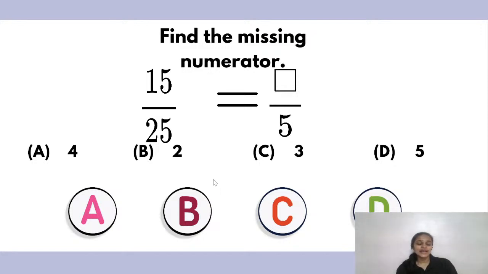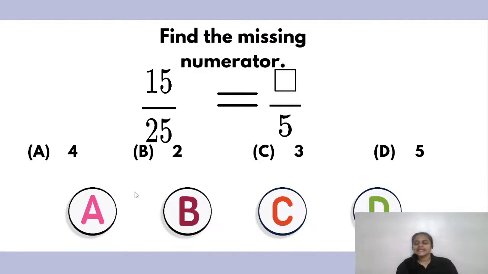Modipta has written C and A both. Decide quickly and tell me what's the final answer for you. Okay, I'm getting D, I'm getting B. Modipta is trying all the different options. No worries, Modipta. Think about it and give me one final answer.